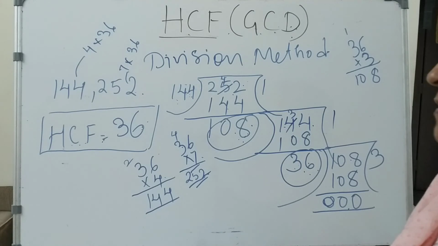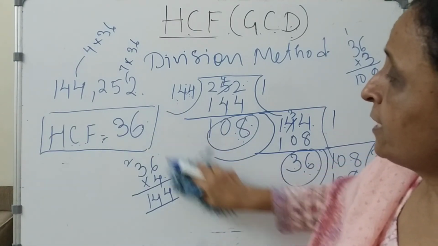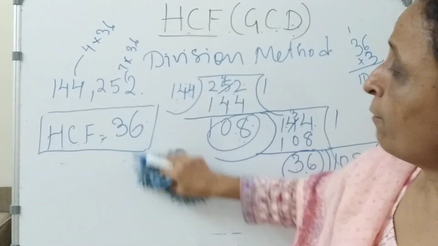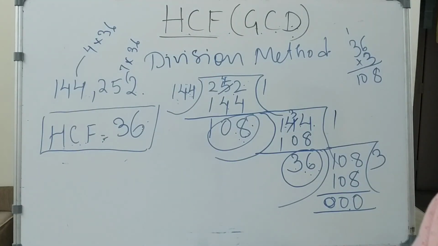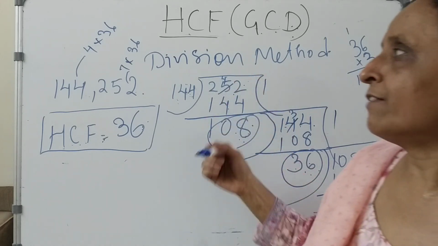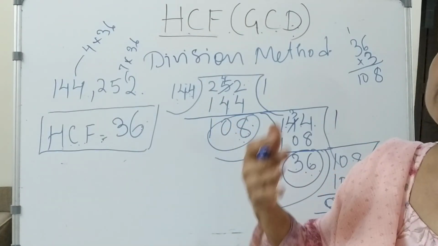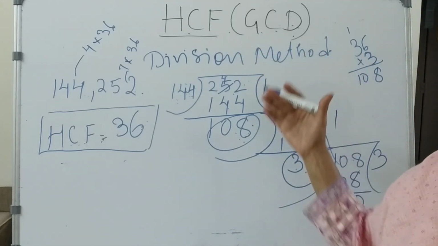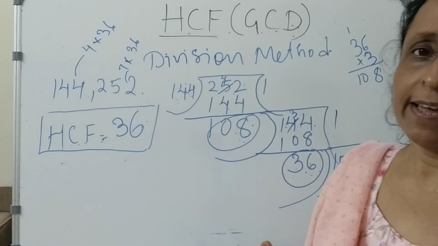So here HCF is 36. This is a method of division for higher numbers where factorization is not so easy. So this is a very simple method of finding HCF.